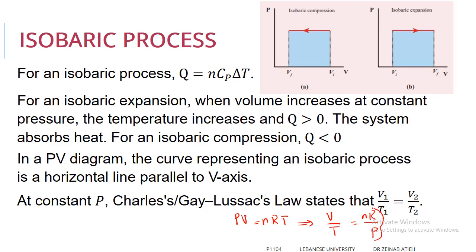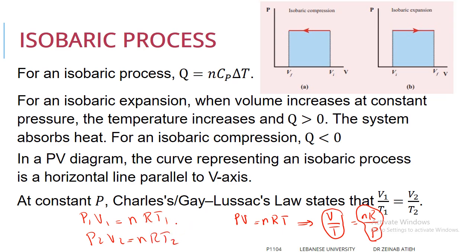So you can see that for all points of the same isobaric process, they all have the same n, same R, same P. P is constant in the case of an isobaric process. So all points of an isobaric process will have the same ratio V over T. Okay, so V1 over T1 will give me V2 over T2. Or you can do it this way. P1 V1 equals nR T1 and P2 V2 equals nR T2.